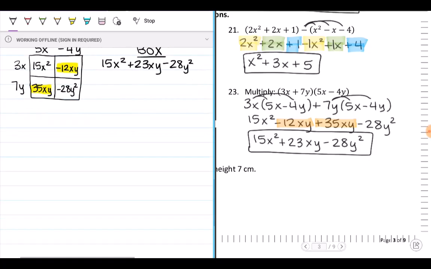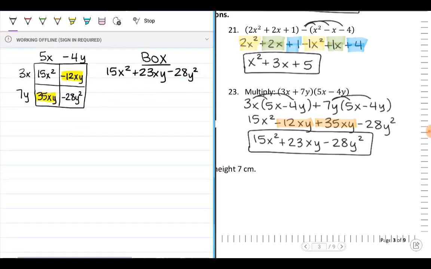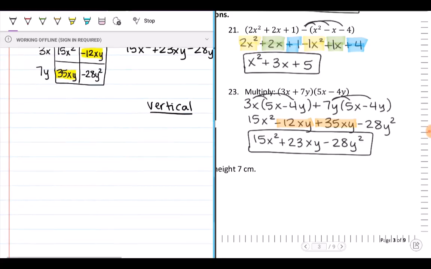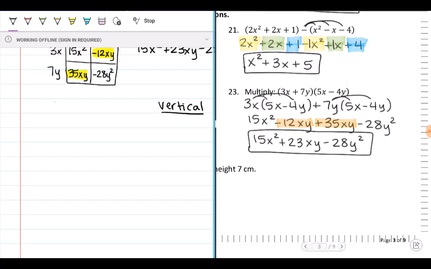Now, the last way, which was somewhat unpopular, but I'll still show it, is a vertical method. And the vertical method has you setting up your 3x plus 7y, and then your other one, 5x minus 4y here, and then you're multiplying. So just like we multiplied before with numbers, you start here: negative 4y times 7y is negative 28y squared.